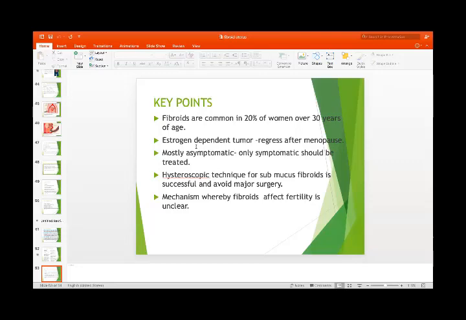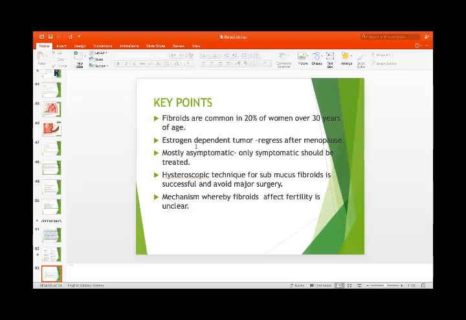But if they are subserosal or intramural and not distorting the uterine cavity, and she has infertility, then the mechanism is unclear, if there is no other reason found. So these are the take-home messages.